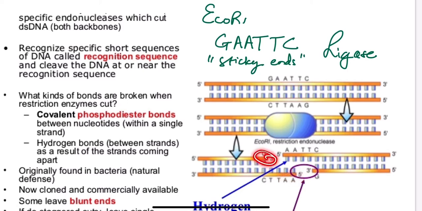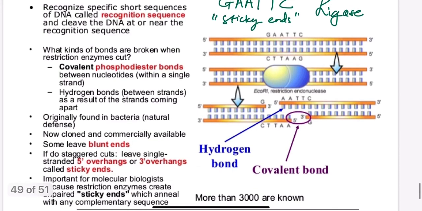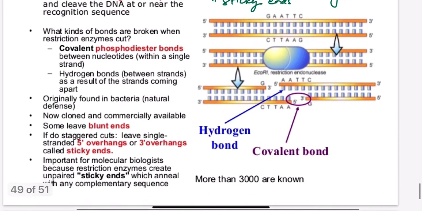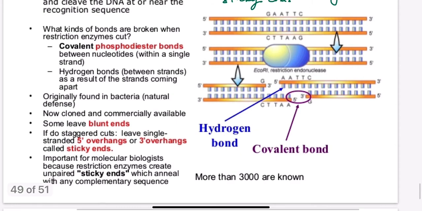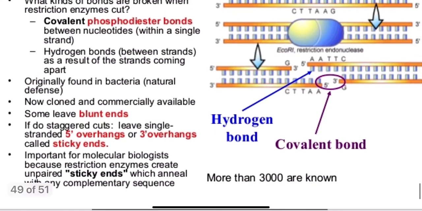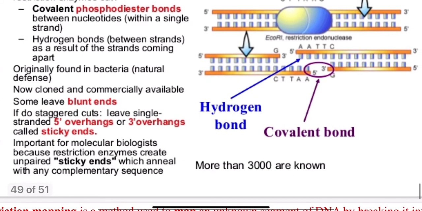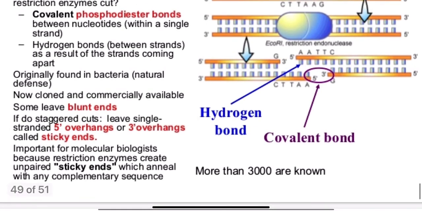You can join these ends up by having that ligase enzyme available to glue them back together. It's important for molecular biologists to create these unpaired sticky ends, and then they can anneal them with any complementary sequence in a different organism's DNA. Today we know of more than 3,000 types of restriction enzymes.